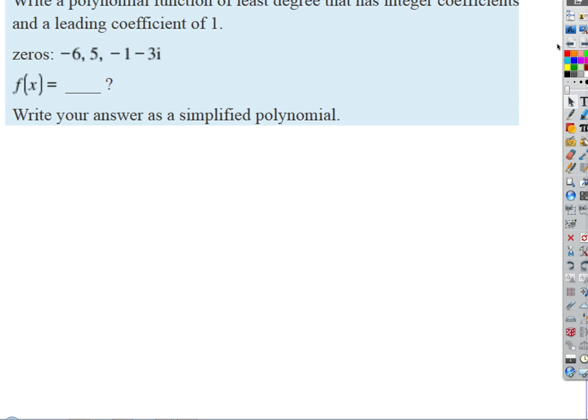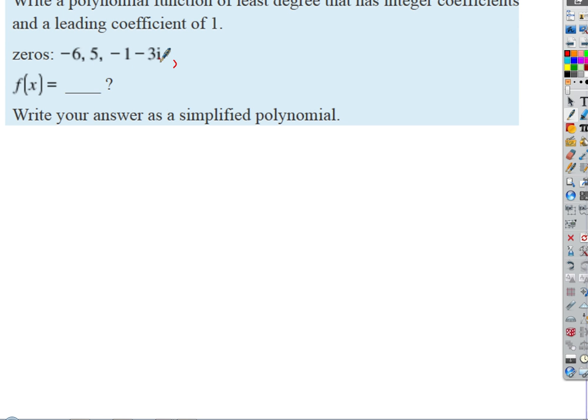So if -1 minus 3i is a root, then what has to be the other root that goes with it? It's got to be the complex conjugate.